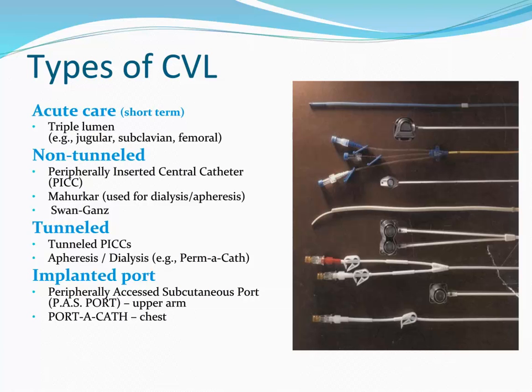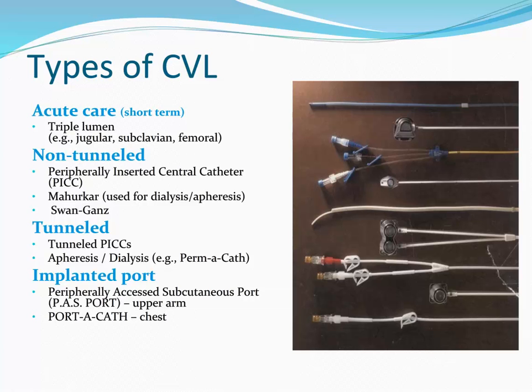A tunneled central venous catheter is any catheter that is placed in a vessel from under the skin to a separate exit site. Passing the catheter under the skin helps to prevent infection and allow for longer-term use. Examples include Hickman catheters and Permacaths, or tunneled PICC lines.